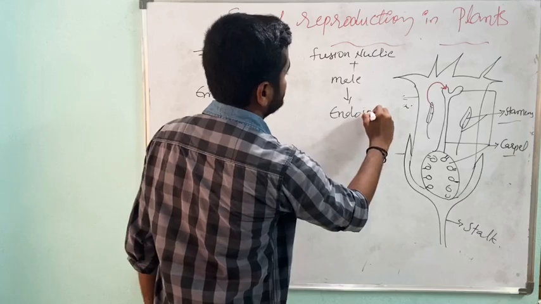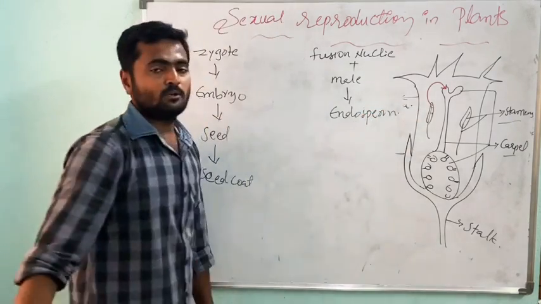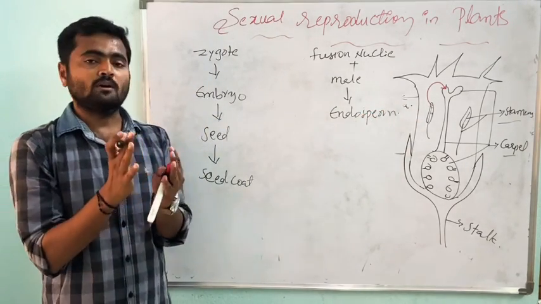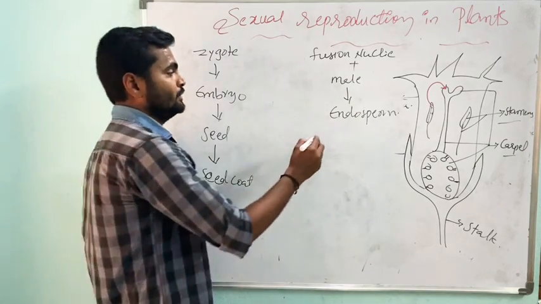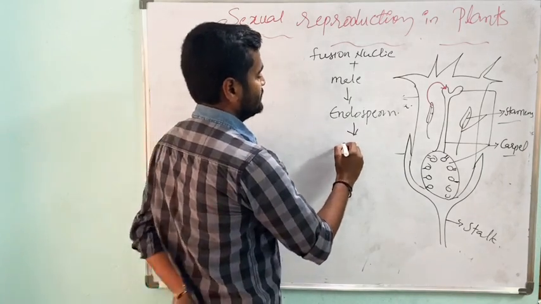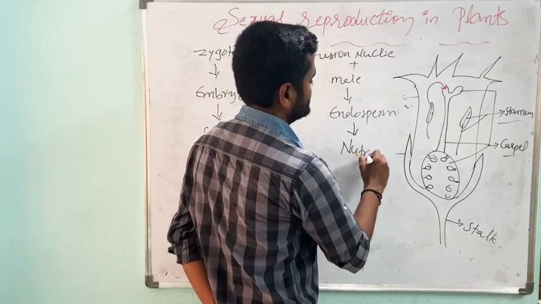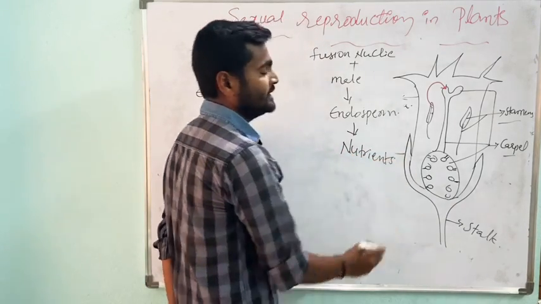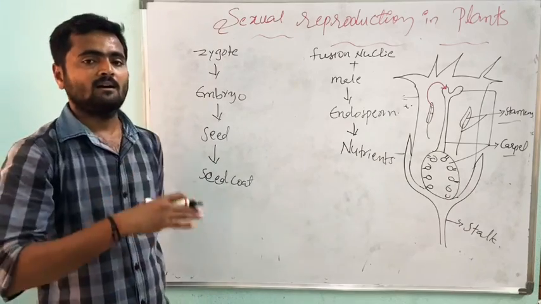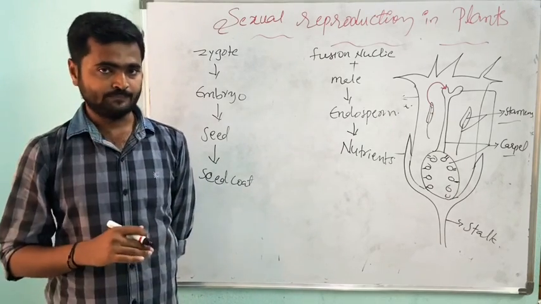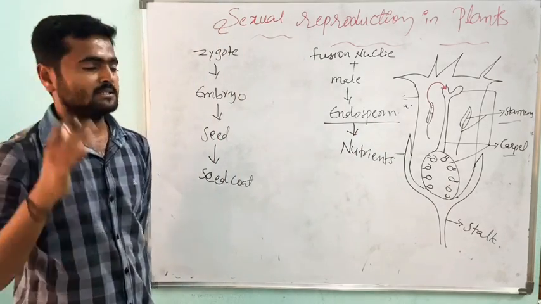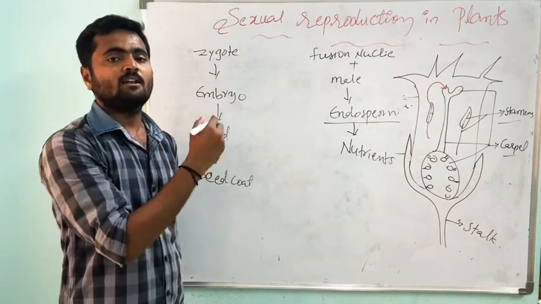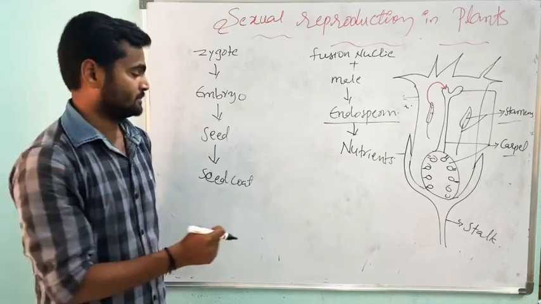Endosperm. During development, this endosperm performs many cell divisions and produces a lot of material containing nutrients, which helps the development of the seed. Endosperm stores a lot of nutrients for the seed.